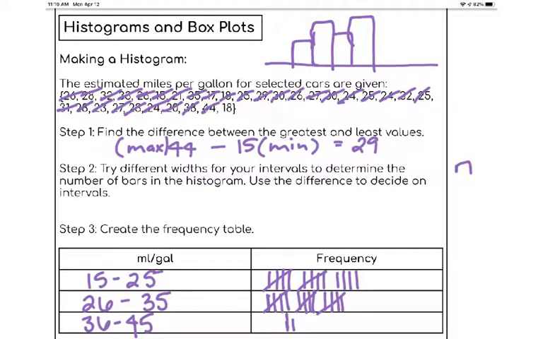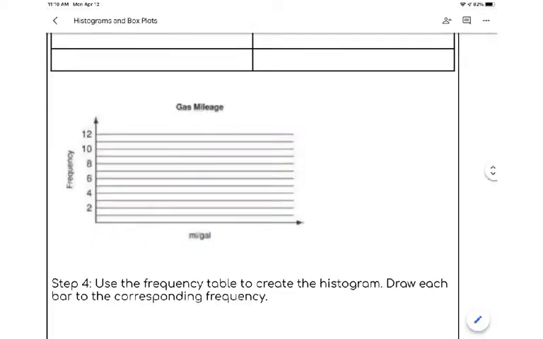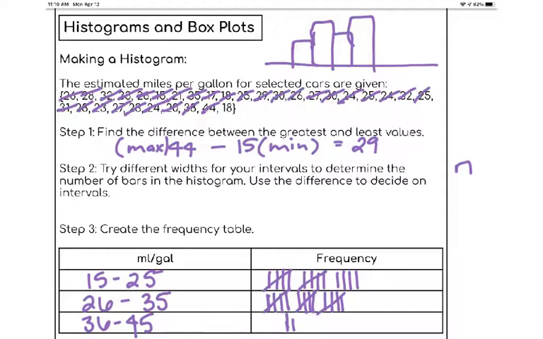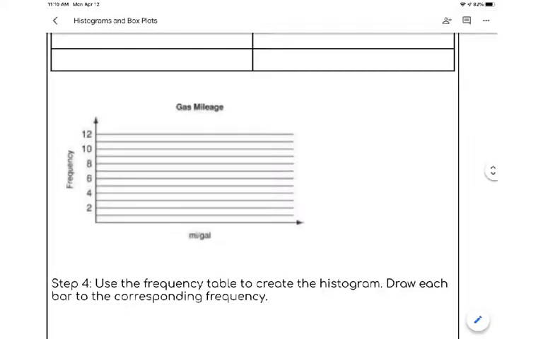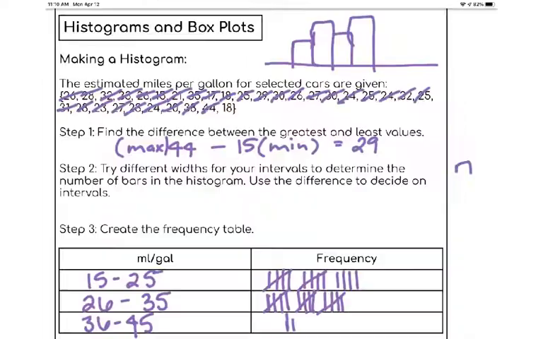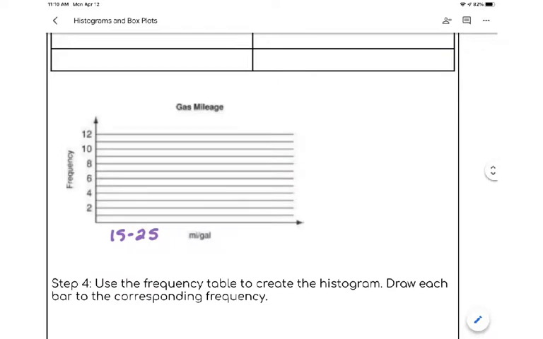So now we can create a histogram. Going back to our first interval, 15 to 25, we have 14 values in that set. So from 15 to 25, we have 14 values.